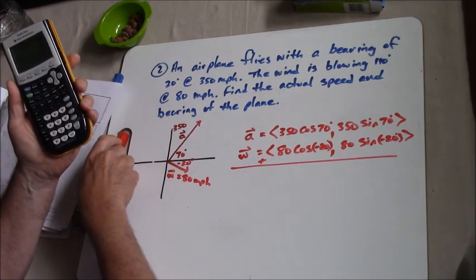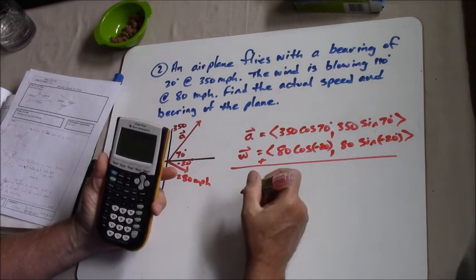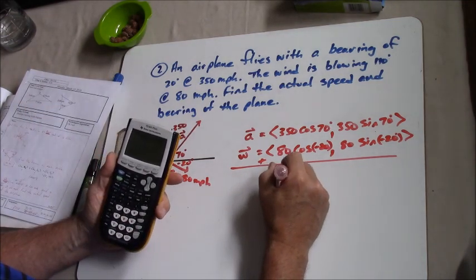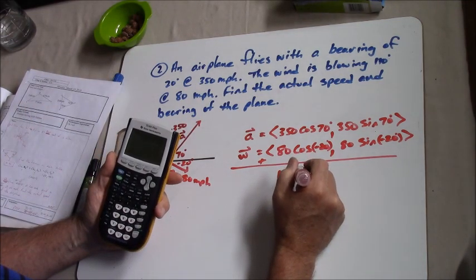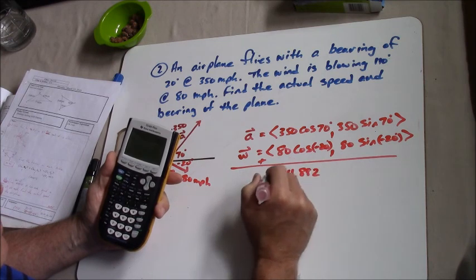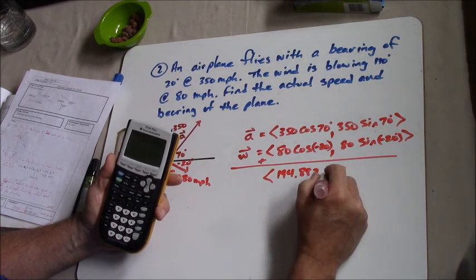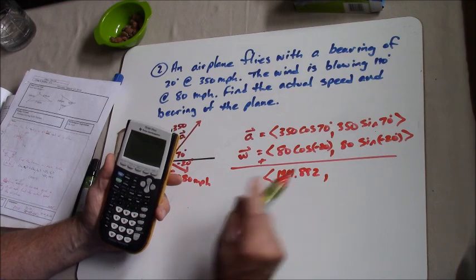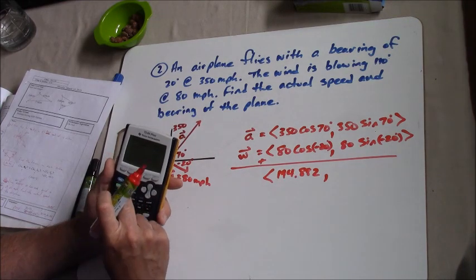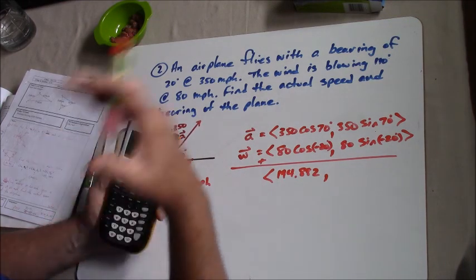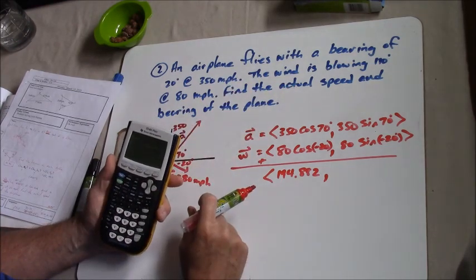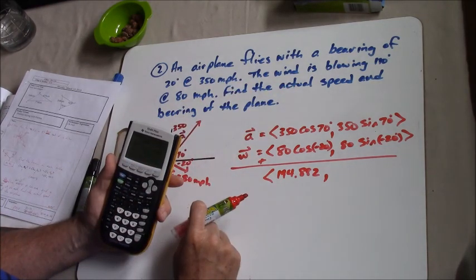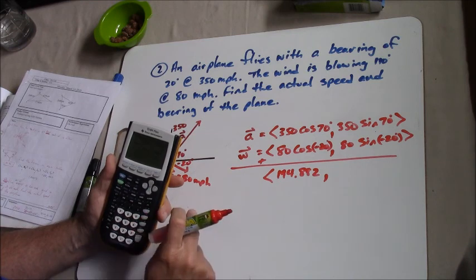And I hit enter, and what I get is 194.882. Remember, these are components, so it's just an x coordinate. I'm going to store that in x. So I just overwrote the last x value that I had. I don't have to worry about clearing memory. Right? Once I store something new, the old one's gone.